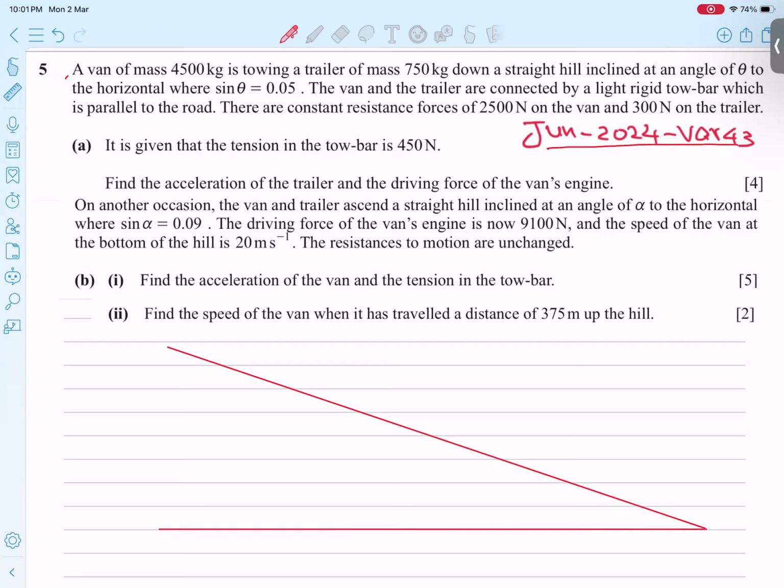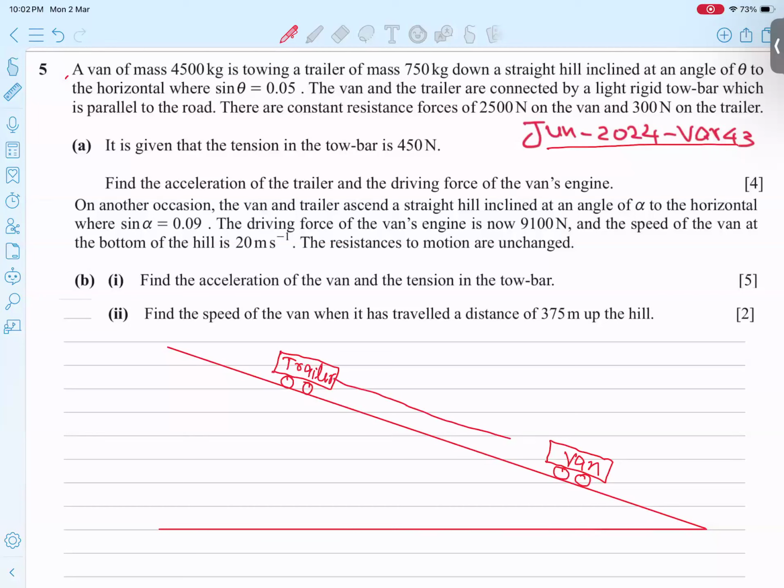Now, what is the situation? I take this as the van, and the other particle is the trailer.